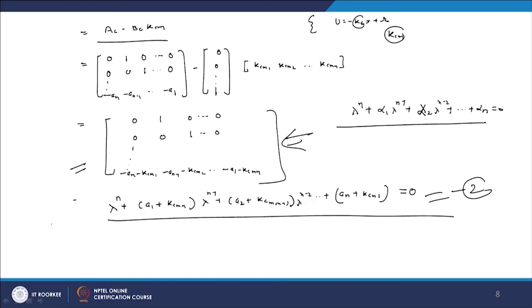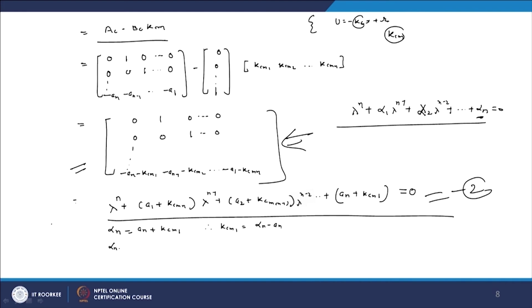This is the desired one, and the other is through transformation. Comparing, alpha n is equivalent to an plus KCM1, and after solving we get KCM1 equal to alpha n minus an.